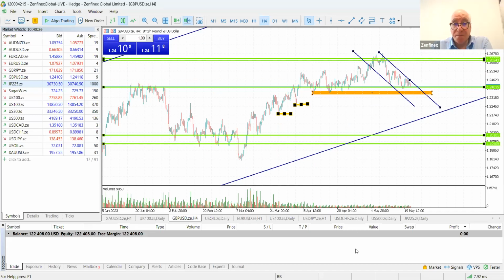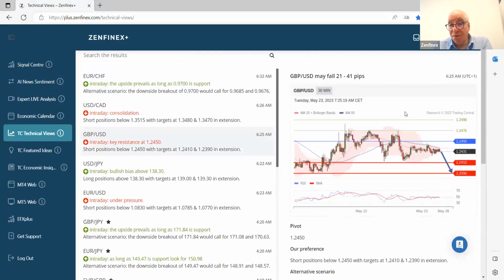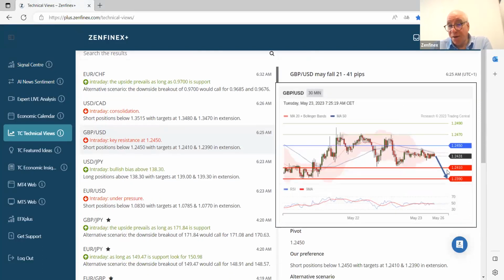So let's see how they deal with that. USD may fall 21 to 41 pips, and they probably got similar lines, but what I'm trying to teach you is how to do it yourself basically.